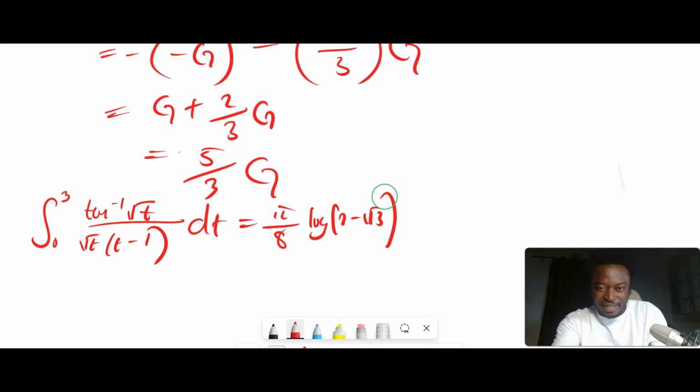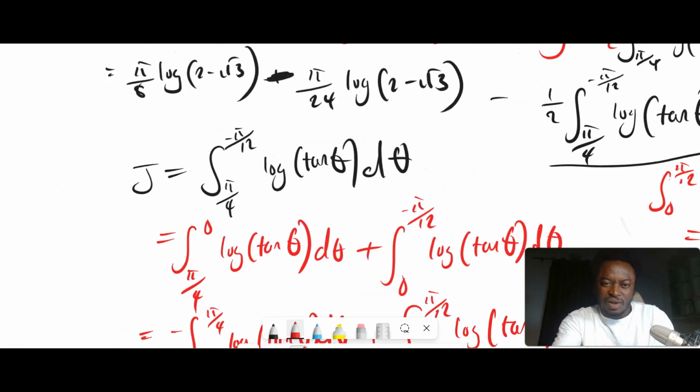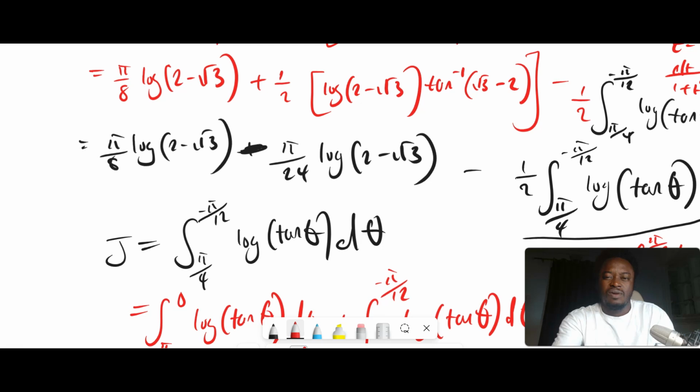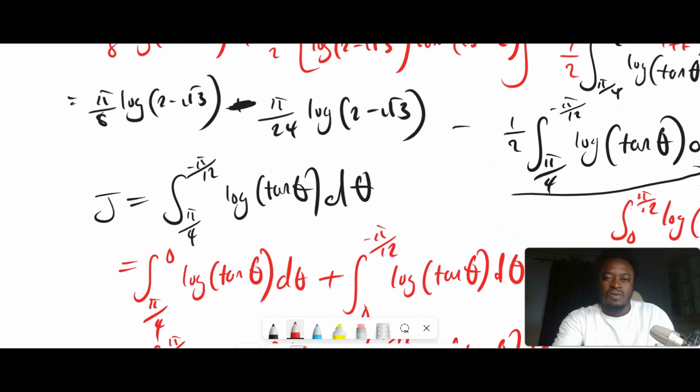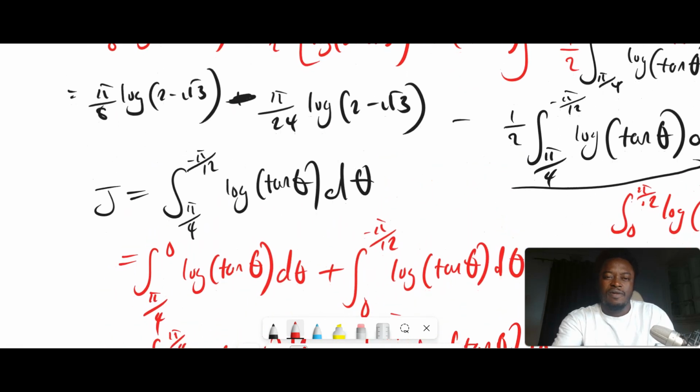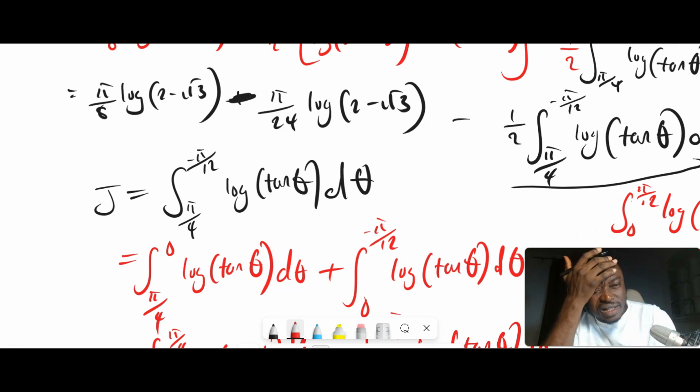And then what next? Minus pi over 4. Okay. Pi over 8 minus pi over 24. Let me calculate this with a calculator real quick. I don't want to crack my head. I've already done too much.